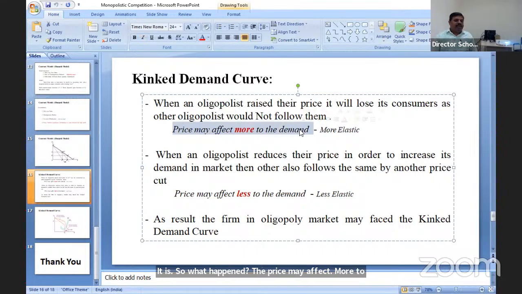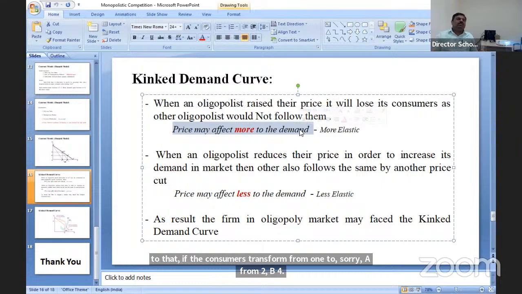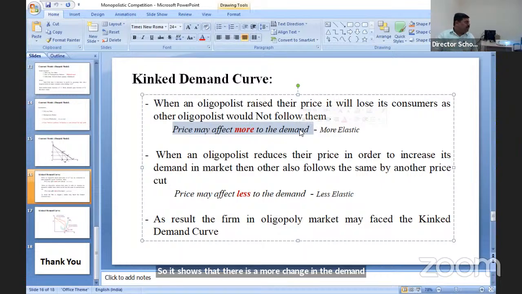If a firm increases the price very slightly, and due to that the consumers shift from A firm to B firm, it shows that there is a big change in the demand of A firm, due to a very slight change in the price. Are you getting it?